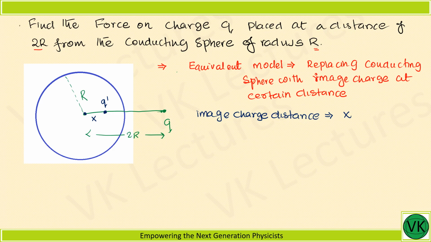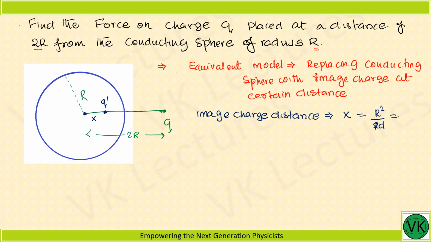So x is given by capital R square divided by d, not 2d. And d is equal to 2r, where R is the radius of the conducting sphere.